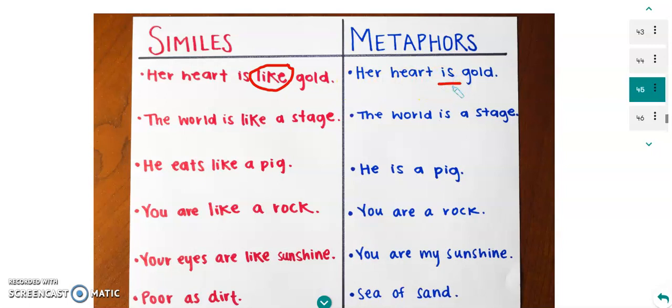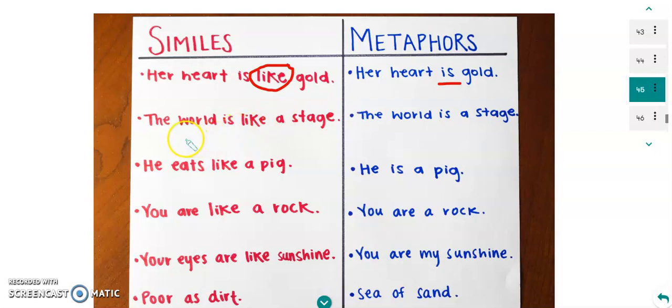So you're literally saying that the heart is gold. As I said in my previous example, we're not saying that the heart actually is gold, as we know that isn't a possible comparison, but you're just putting the word here for a literary effect. And we're just saying that the person has a good heart, they're a good person.